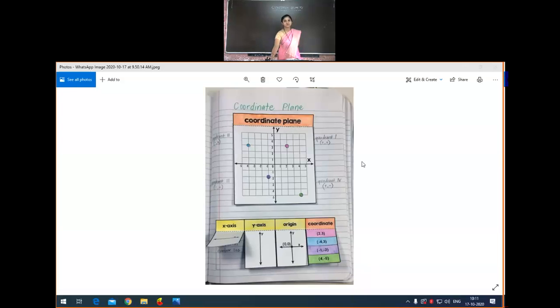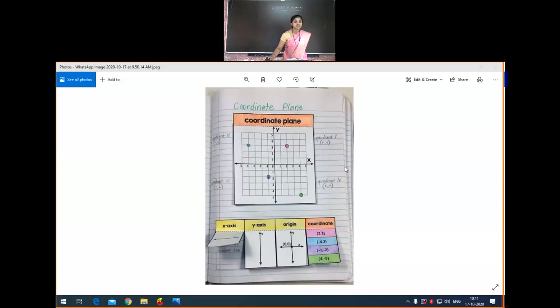Okay, so it's okay. Listen, students. This is a Cartesian plane. Cartesian plane means one horizontal line and one vertical line intersect each other in a plane. Then it forms a Cartesian plane. See here, you just observe this picture.